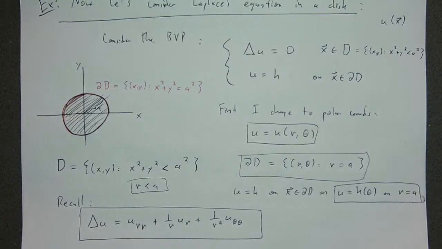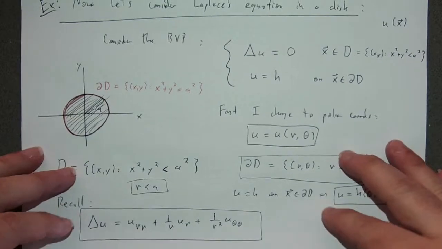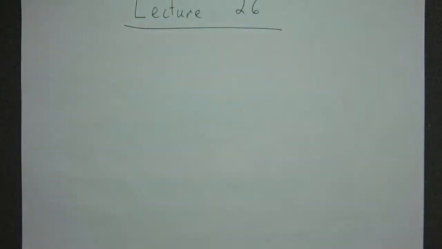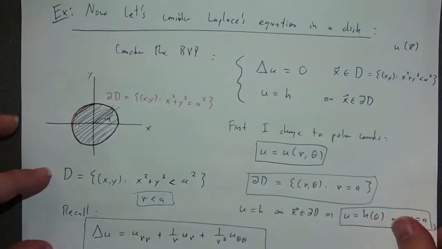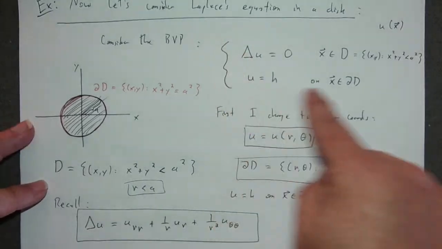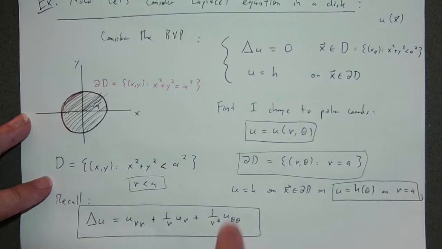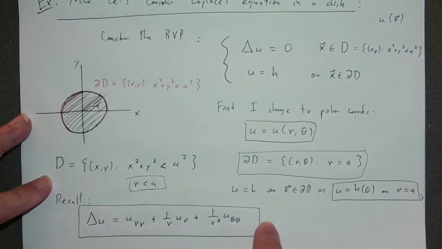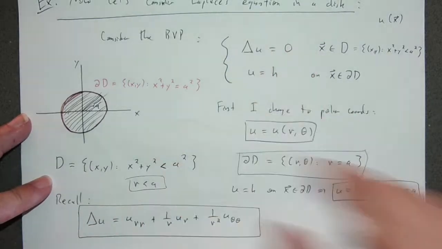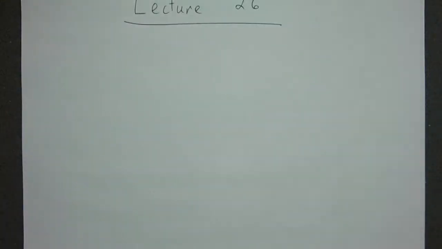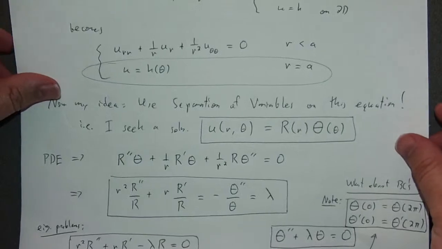And we used our separation of variables algorithm here. Once we had translated this original equation, this Dirichlet problem for Laplace's equation on the disk, using change of variables, here's what the Laplacian of u looks like. And so rewriting this PDE, the PDE that I want to solve in polar coordinates is this thing.